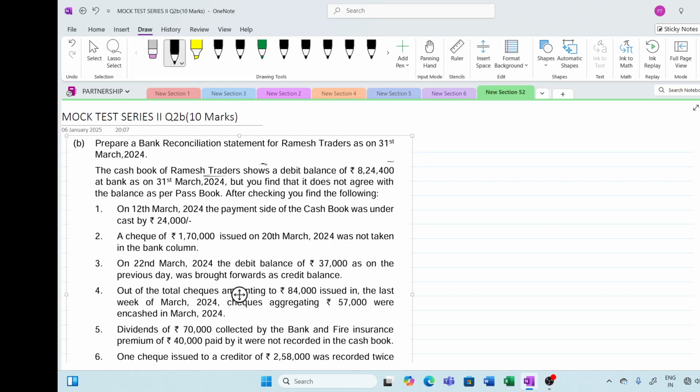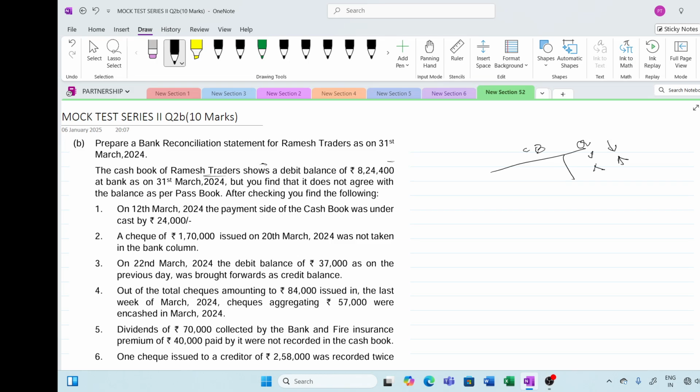On 12th March, the payment side of the cash book was undercast by 24,000. Again, I told you, in the cash book you should always remember the payment side. If you write anything on the payment side, your balance will come down. If you don't write anything on this side, your balance will go up.